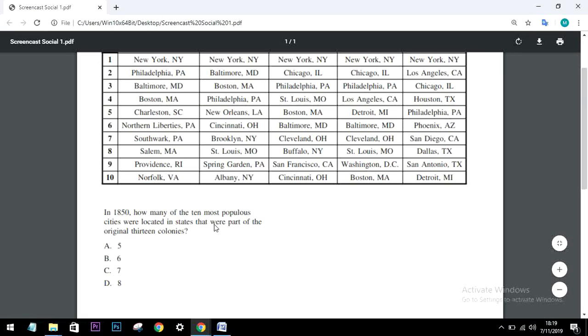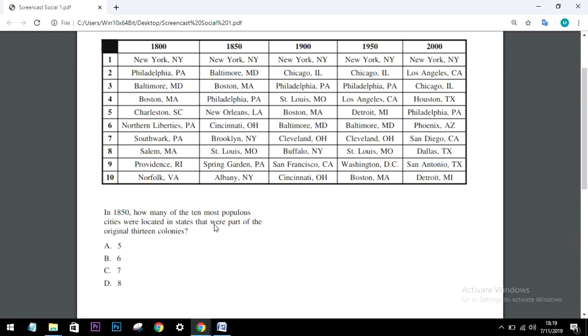So option C is the correct answer because number 5, New Orleans, Cincinnati, and St. Louis are located in regions that were not part of the original 13 colonies.